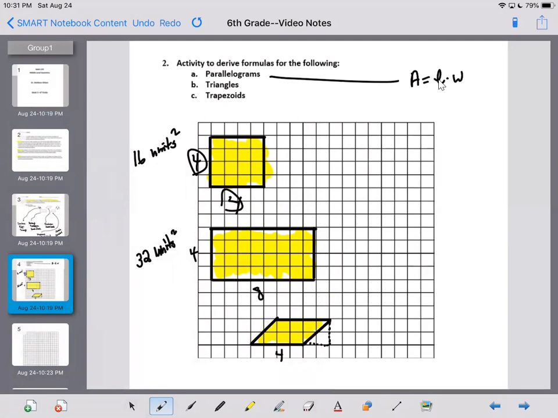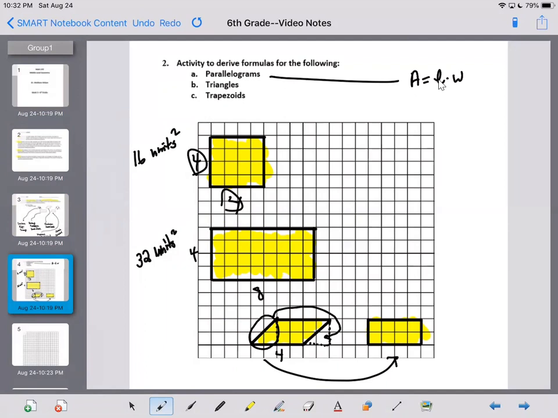If I cut this triangle right here and place it here, then what we would see is a 2 by 4 rectangle. If I just chopped that triangle off and placed it on the other end, this is what we would see. So we really have a 4 by 2.